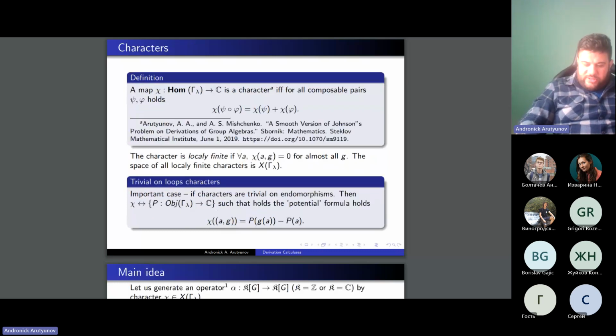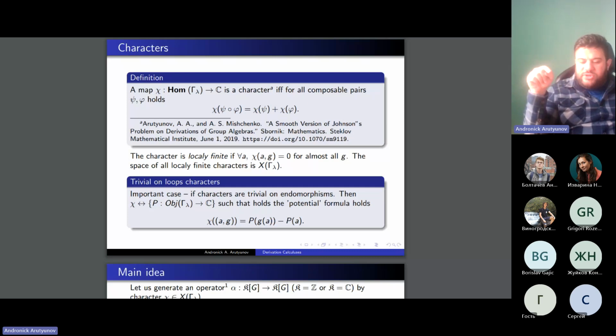If we have got a groupoid, we can define characters on this groupoid. What is a character? Again, morphisms are arrows. So if you have got two arrows which can be composed, then you can write on each arrow a number, an integer number, for example, or a real number.